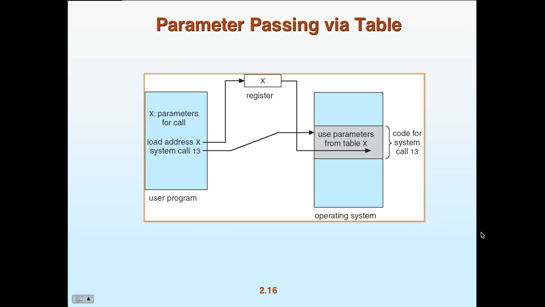parameters being passed. So here's parameter passing via a table where we have a user program that's running a system call, and X has got parameters for the call, let's say. We load the address X, we use the system call, let's say it ended up being number 13. So from the operating system's point of view, use the parameters from the table that are associated with X. And here's the code for system call number 13.